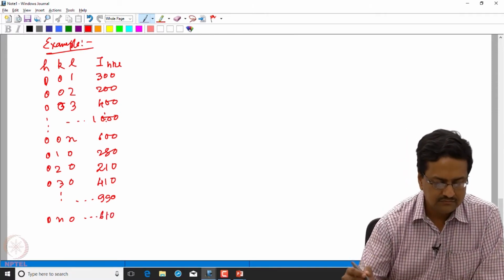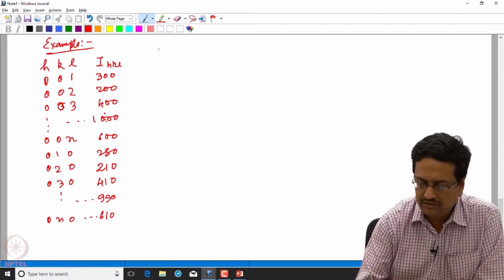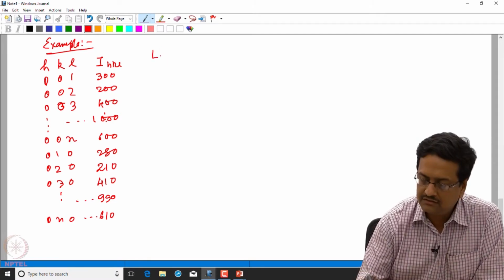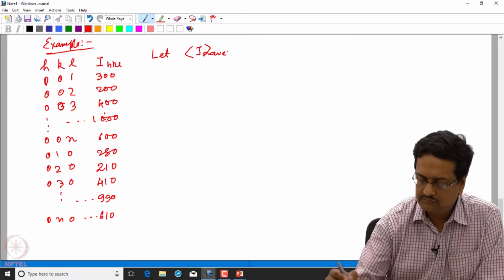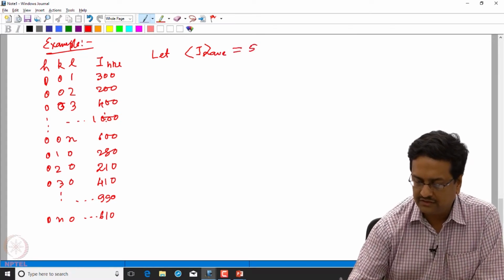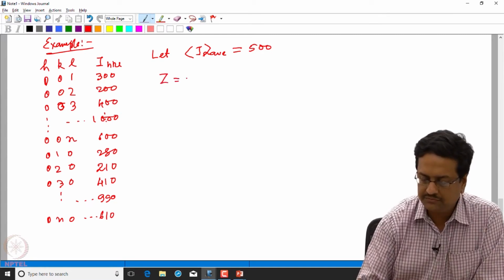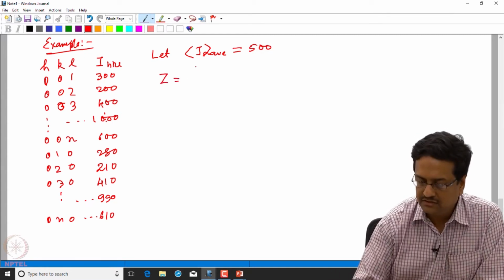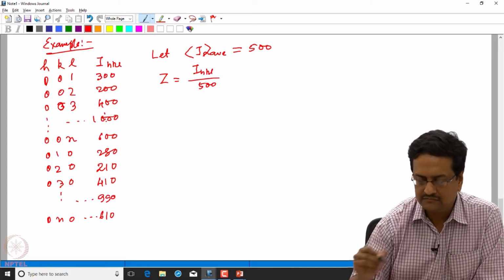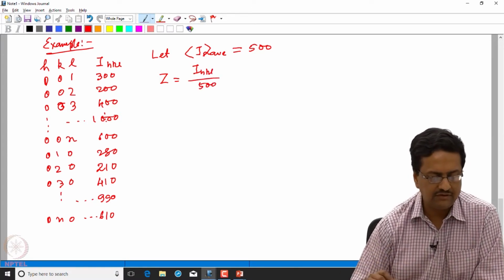So then we may find that the average, that is I average, is equal to say 500. So we calculate the Z for each and every reflection with IHKL by 500. So that is my value of Z.